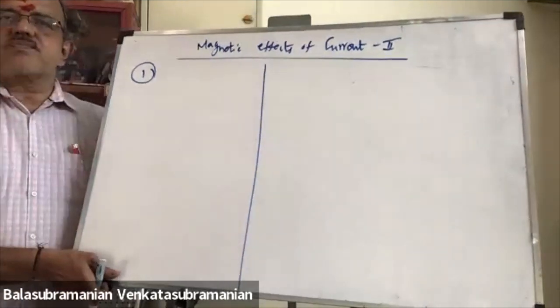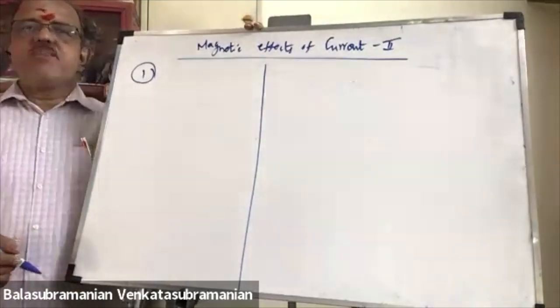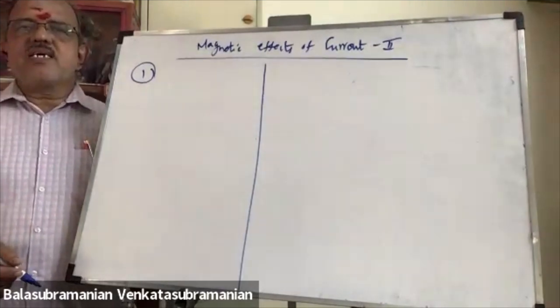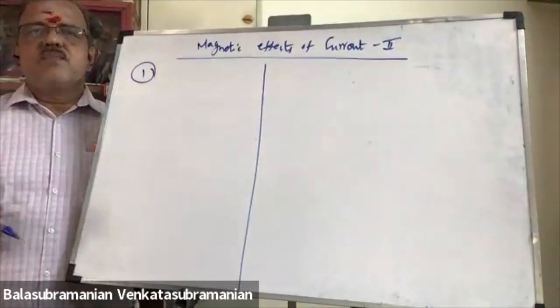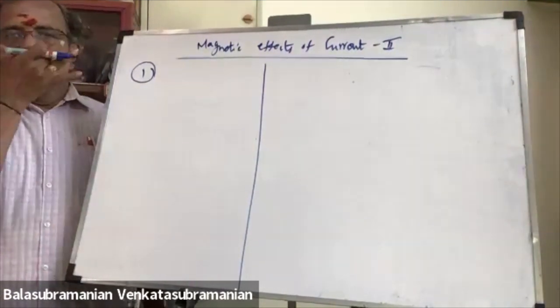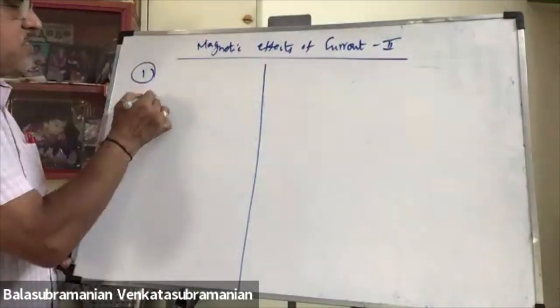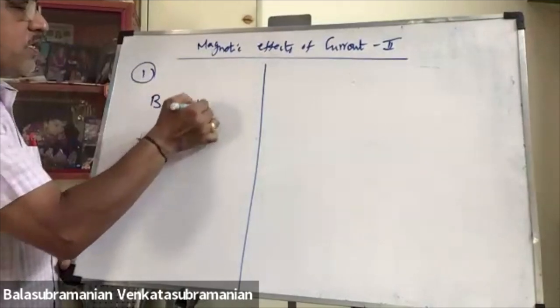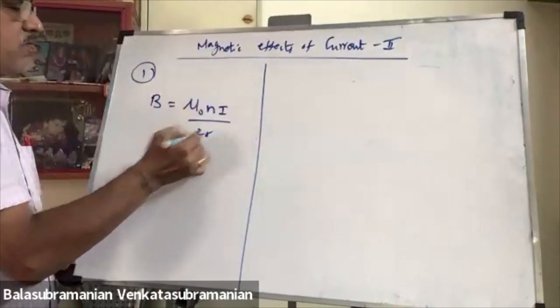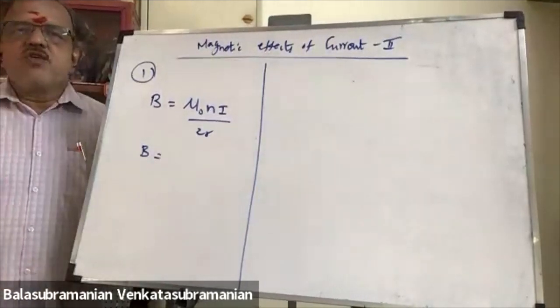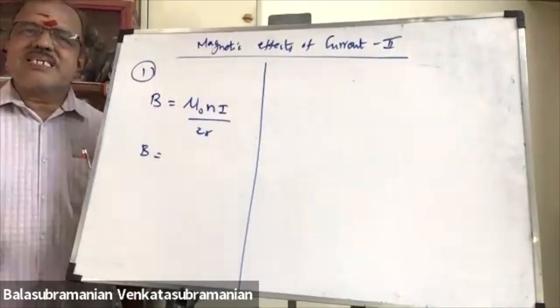In that, second application, circular coil carrying current along the axis. But the question is, what is the magnetic field at the center of the coil? B is equal to mu naught N I by 2R. This is the formula for magnetic field due to a circular coil carrying current at the center.